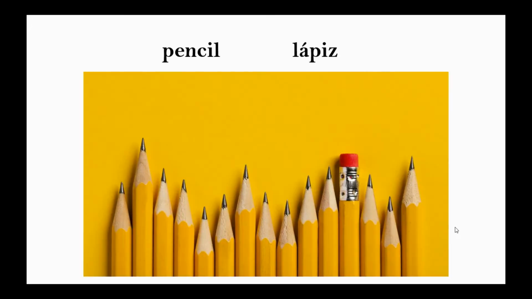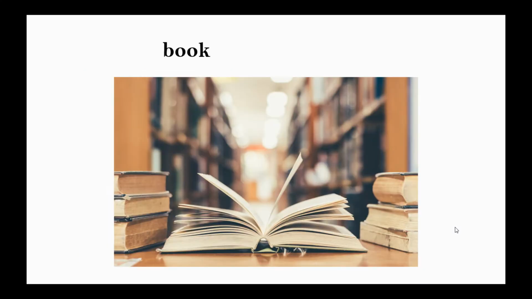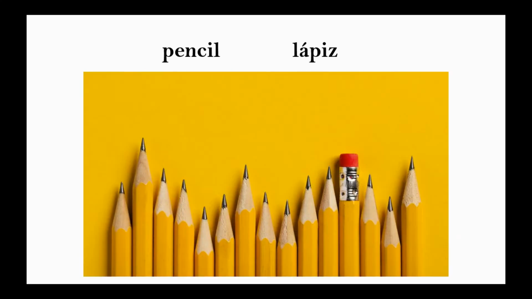Lápiz. I should have put it on this slide, and I think I will add it right now. We're just going to take the time to do it so that you have it. The plural of lápiz changes spelling.